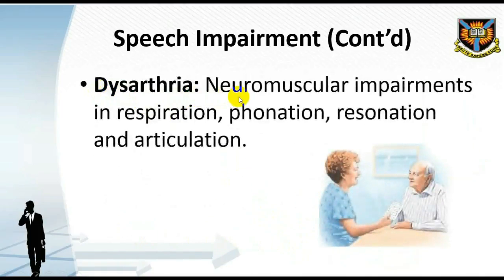Dysarthria. Neuromuscular impairments in respiration, phonation, resonation, and articulation. For example, phonological disorder, multiple sound errors, final consonant deletion as omission, and language delays.